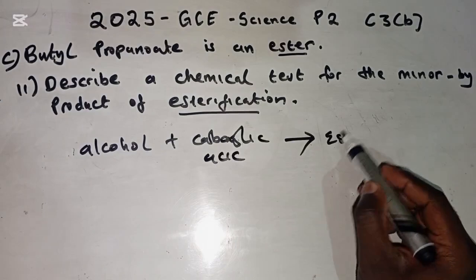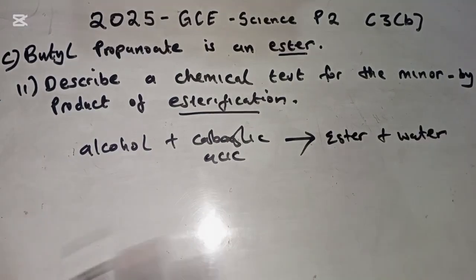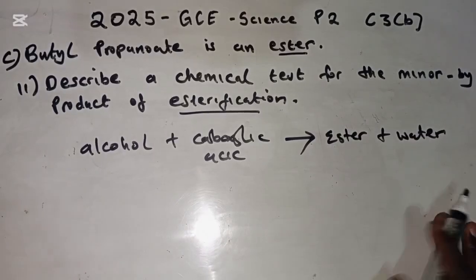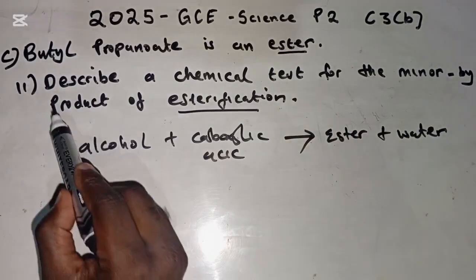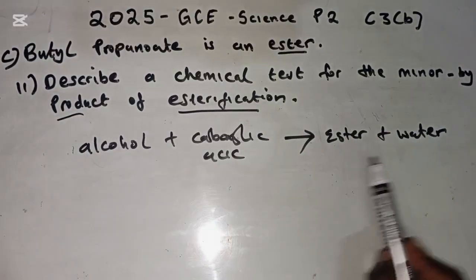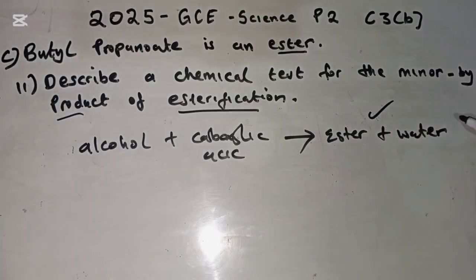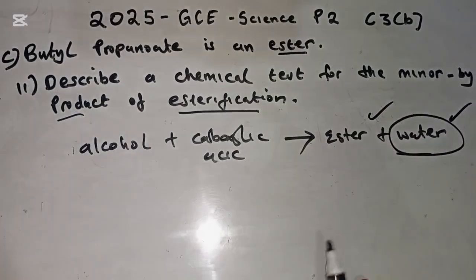What do you get? An ester plus water. The question says, describe a chemical test for the minor byproduct. There are 2 products given in esterification, ester and water. So the minor byproduct is water.